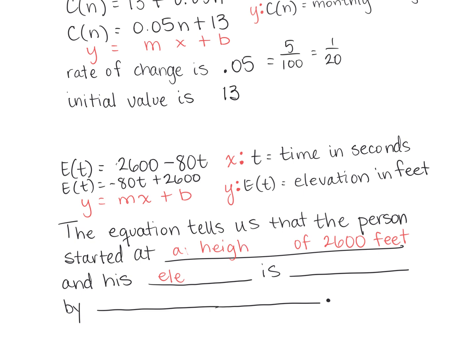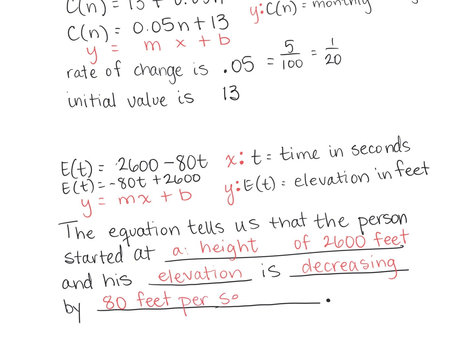You begin at a height or an elevation of 2,600 feet, and his elevation is decreasing, and I know it's decreasing because the slope is a negative number, by 80 feet per second.